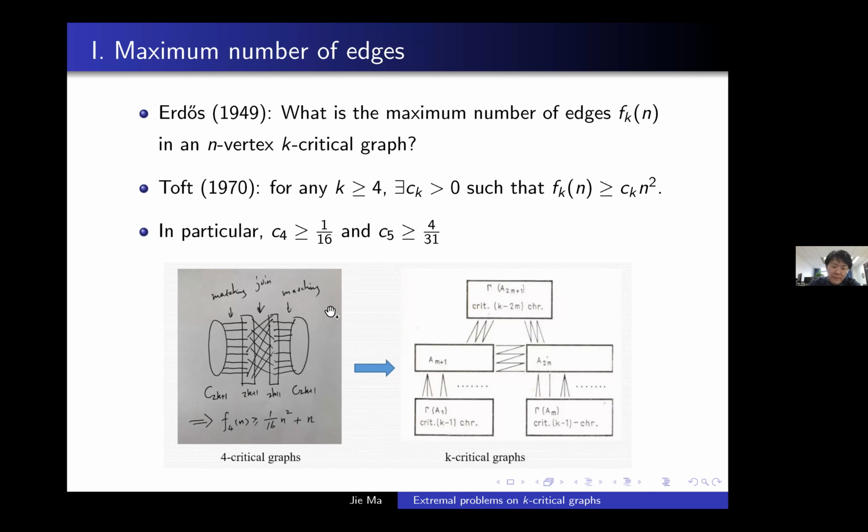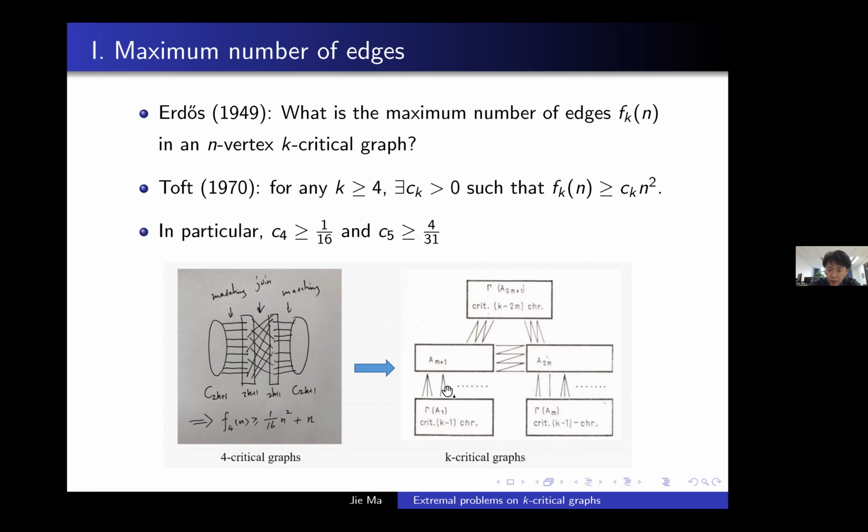This construction can be generalized. To be more precise, in the right picture, you can think of m as half of k. We have a complete (m+1)-partite graph, except for one part.